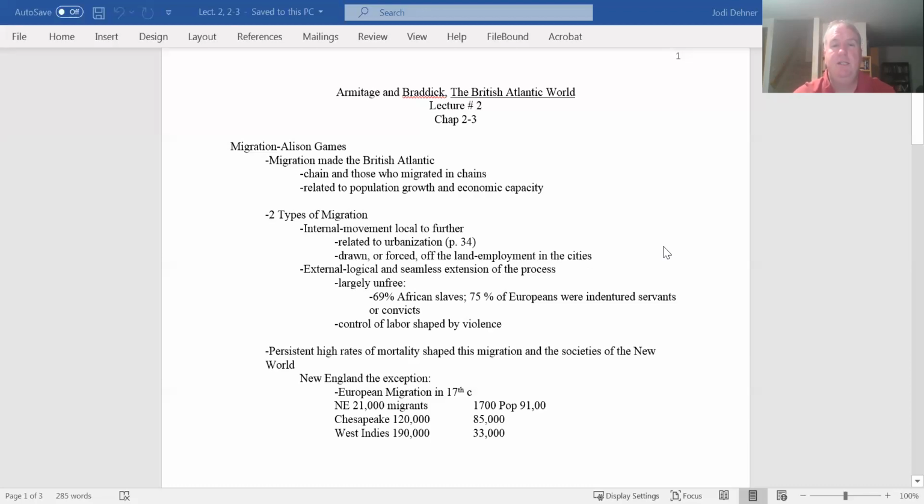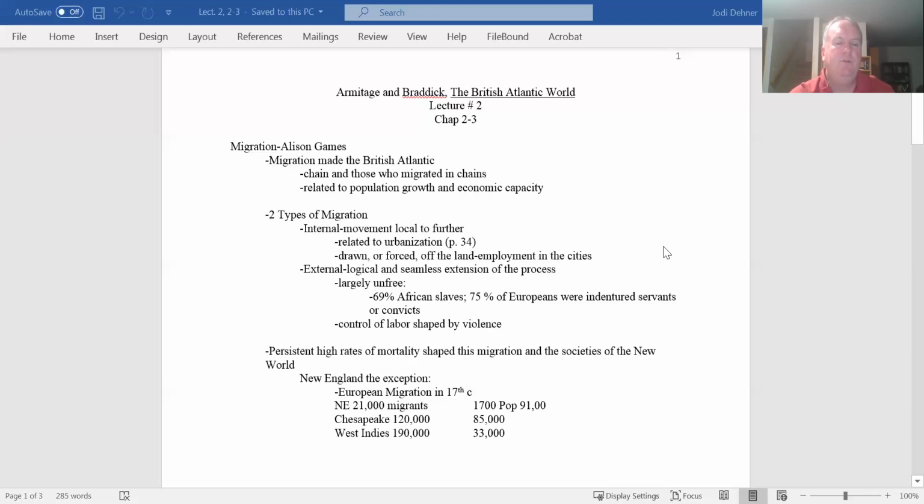So they drift to the cities in a type of internal migration. This is quite a dramatic change from the way they were living before. So even though it doesn't count as emigration or immigration, depending on where you're standing, it is a type of dramatic movement. It's just internal. This internal movement moves to formally external, and Games argues that this is just the logical and seamless extension of the process.